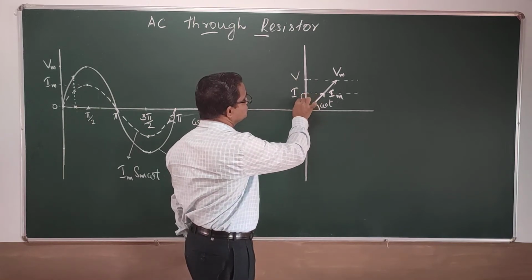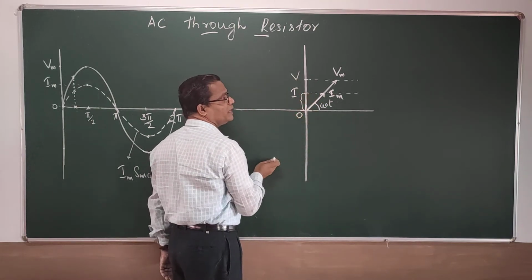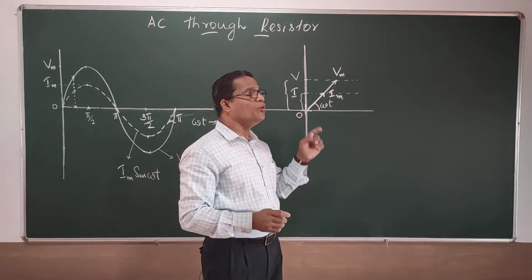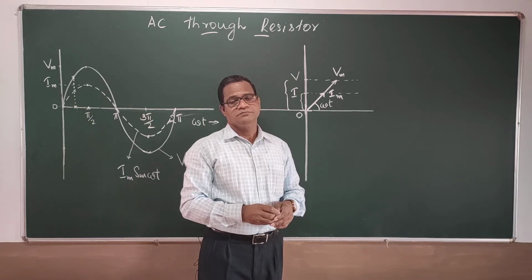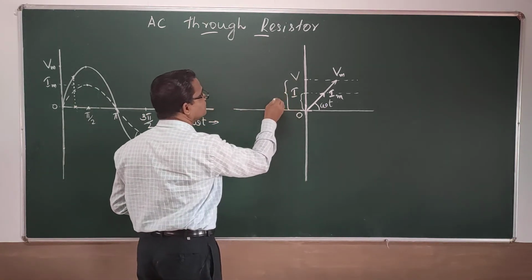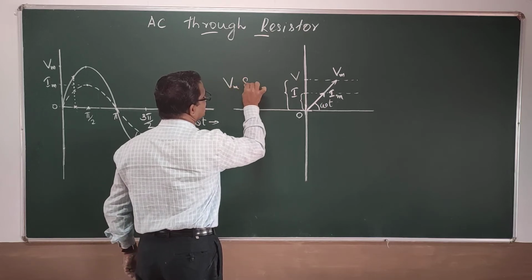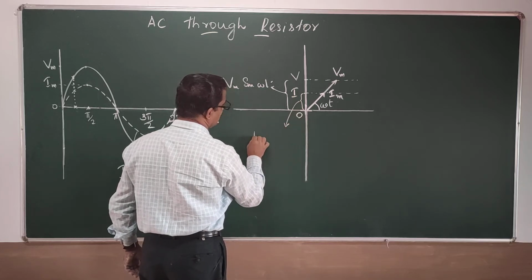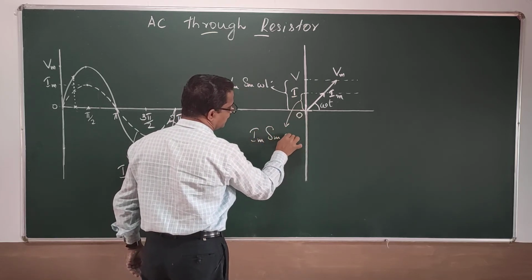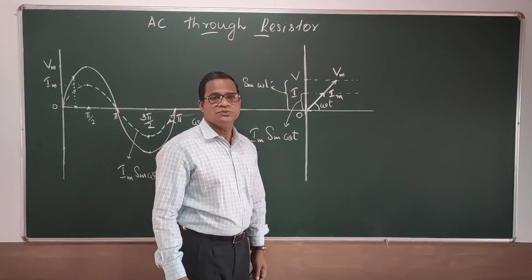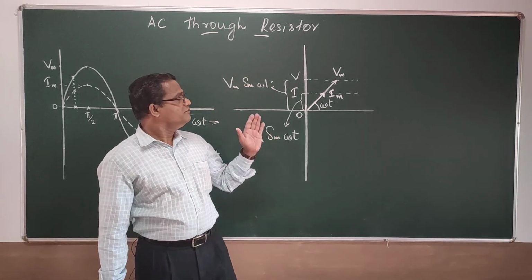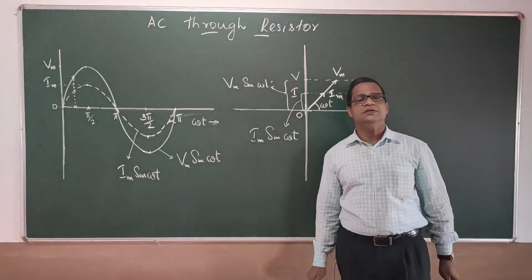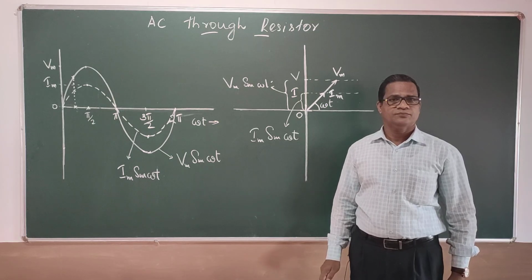So this measures Im sin omega t and this measures Vm sin omega t. So understood how to draw the phasor diagram for the AC flowing through the resistor.